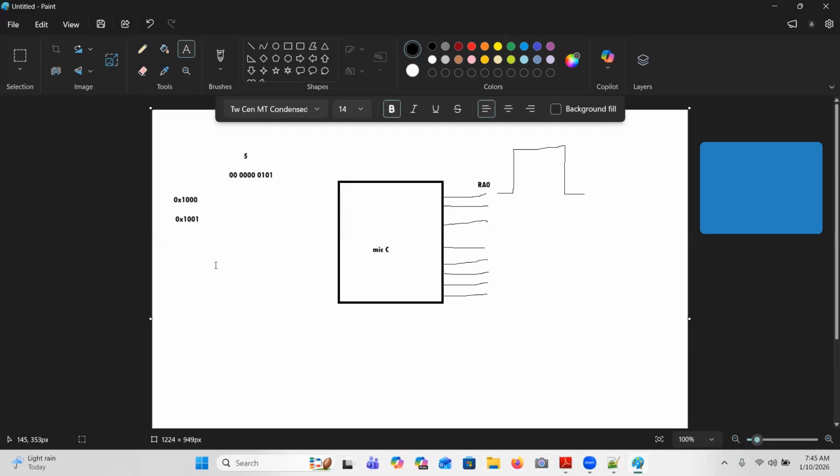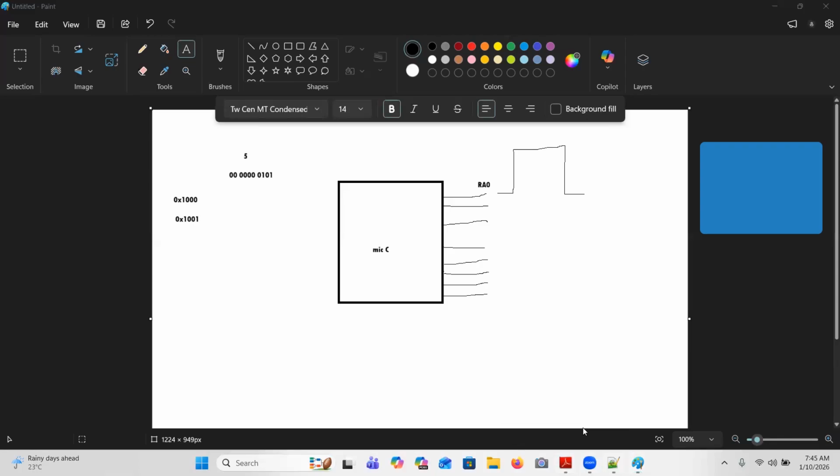Now, the question is, this is an 8-bit microcontroller, no? They have to store this 5 in the memory. To store it, they use the ADC registers.